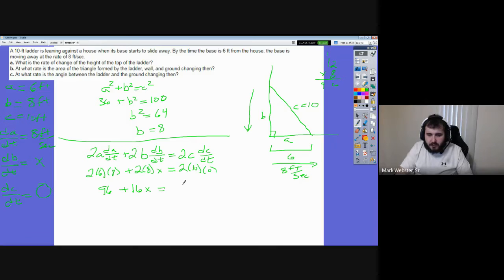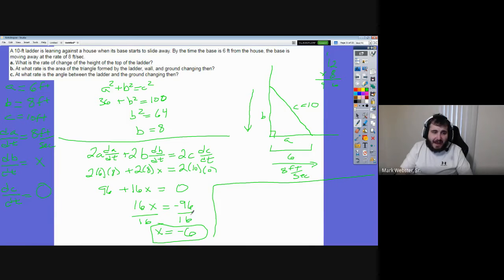And 2 times 10 times 0 is just 0. So I'm going to subtract the 96 over. Divide both sides by 16. And get -6.